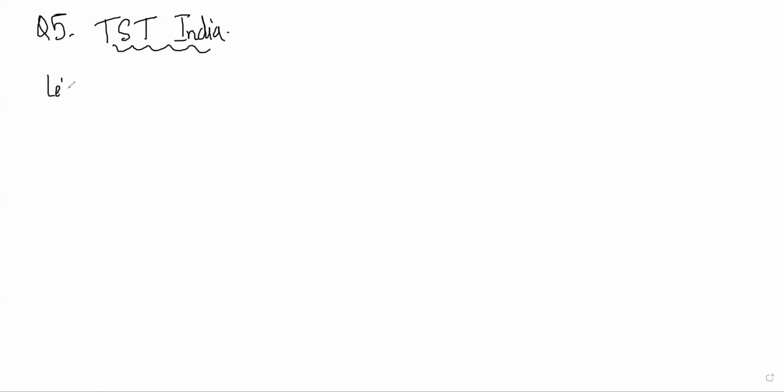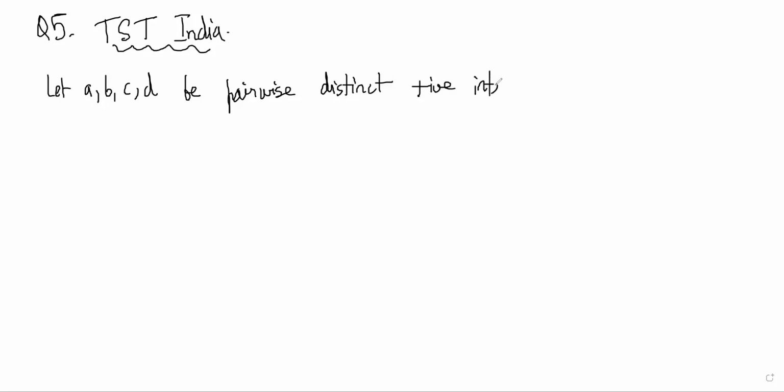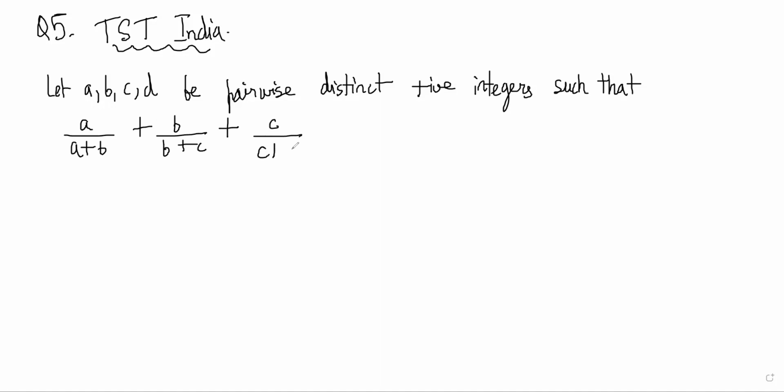So the question is this: let A, B, C, D be pairwise distinct positive integers such that A by A plus B plus B by B plus C plus C by C plus D plus D by D plus A is an integer.